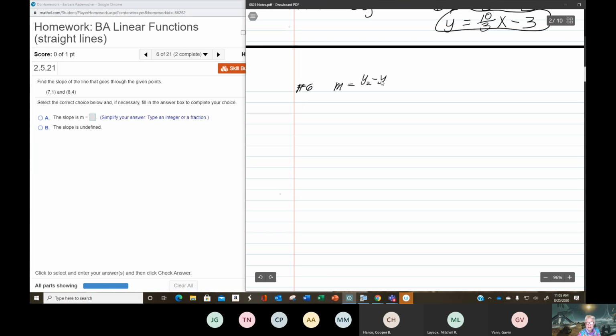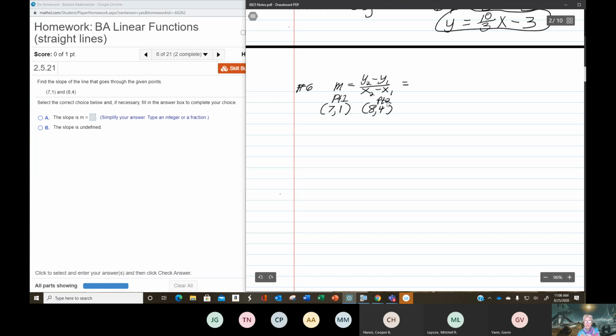y2 minus y1 over x2 minus x1 equals, all right, I have to decide about these points. And like I said, usually I'd start on the left and let that be point 1, and let the one on the right be point 2, just because I made a method for myself so I could work quickly. That doesn't mean it's right.